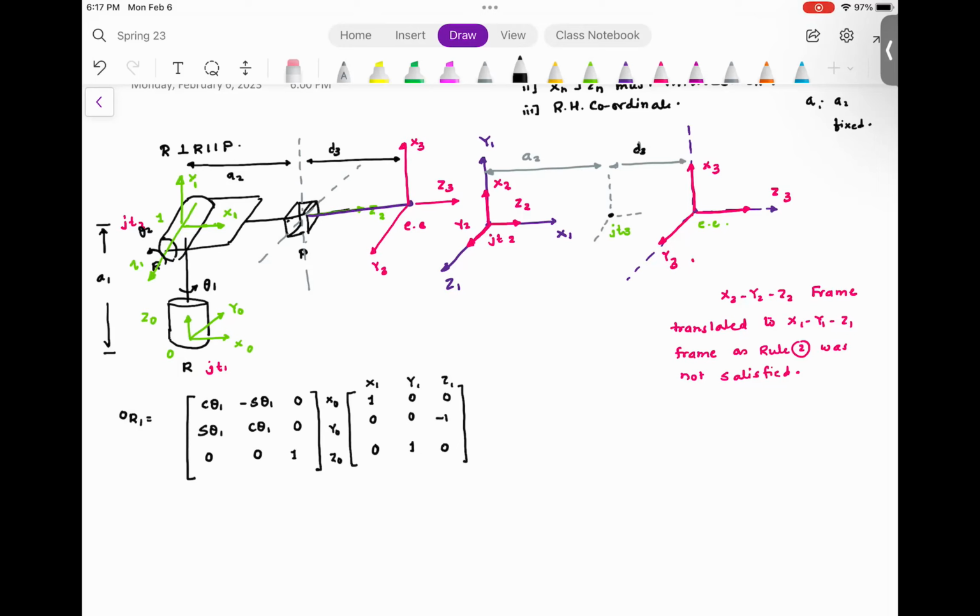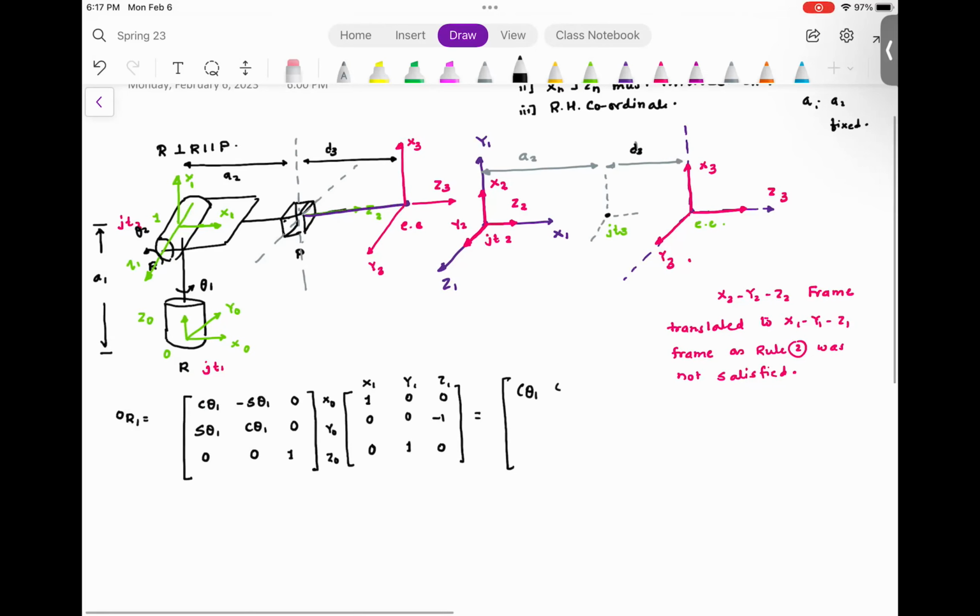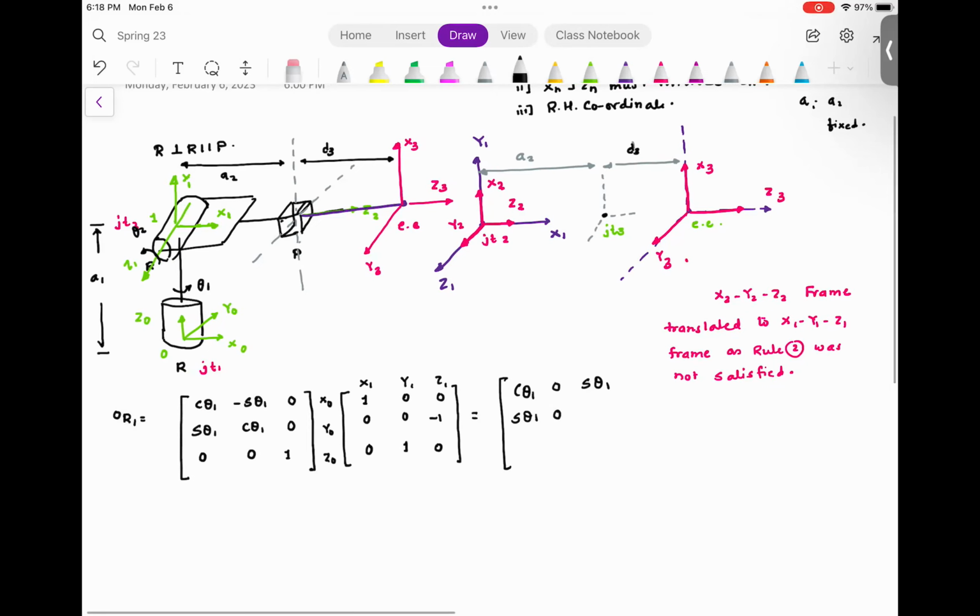Everyone okay with this? So when I perform the multiplication: first row, first column, first row, second column, first row, third column, second row, first column, second row, second column, second row, third column.